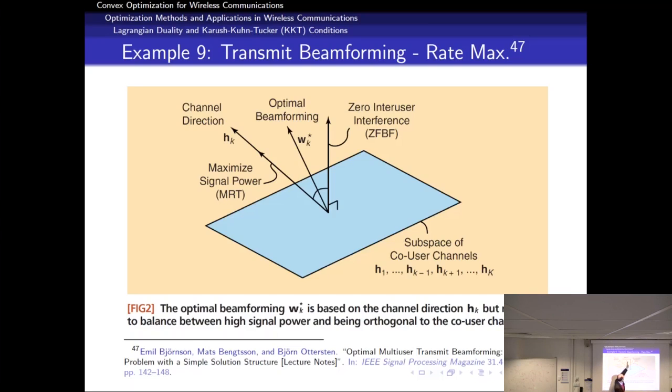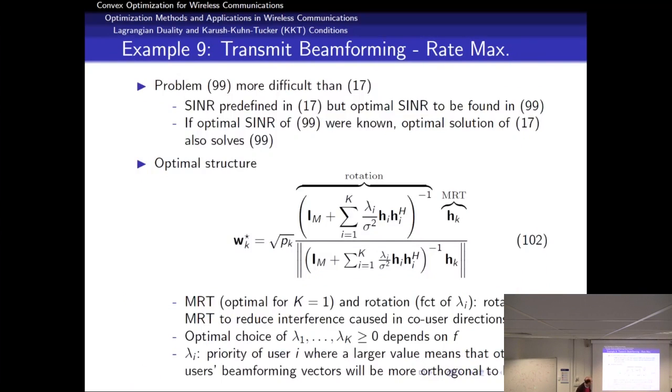Your zero forcing beamforming would be another direction that tries to really get rid of the interference. And then your optimal beamforming directions will be somewhere in between here, that will capture a little bit of the MRT, a little bit of the rotation, but will be somewhere in between the zero forcing and the MRT, right?